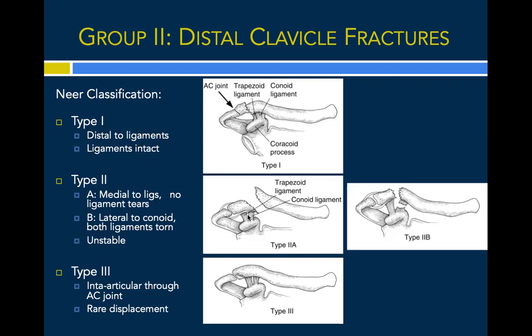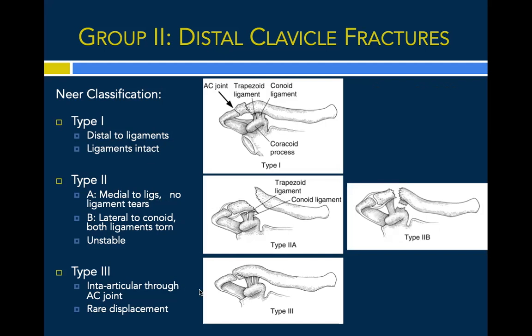A type 2 is medial to the ligaments. Now there's a 2A and a 2B. A 2A is no ligament tears. A 2B is lateral to the conoid ligament, and both ligaments are torn. So here's your 2B. Sorry, it should be single ligament torn.